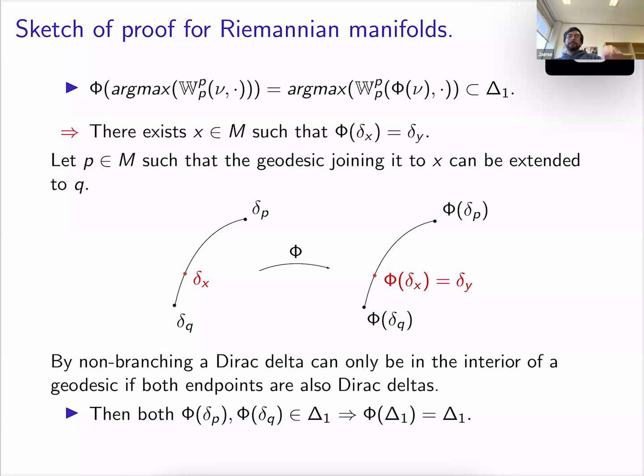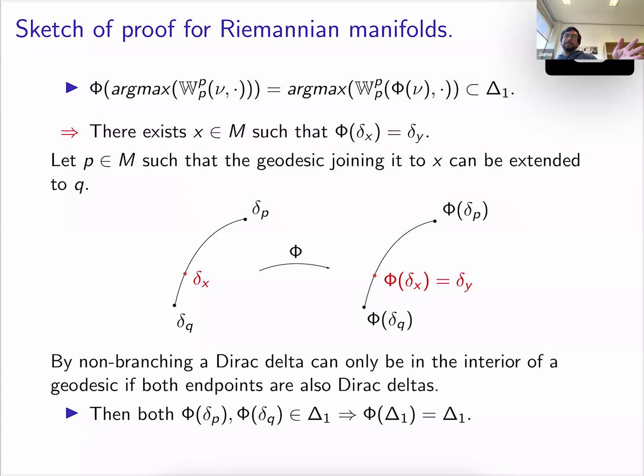So by this, I can conclude that both phi of delta P and phi of delta Q are also Dirac deltas. And now the important thing is that the points P that satisfy this condition of extending the geodesic to x just a little bit are dense, so I can conclude that phi of every Dirac delta is again a Dirac delta, and I'm done. I have proved the result.